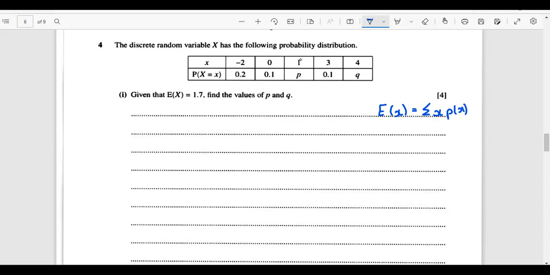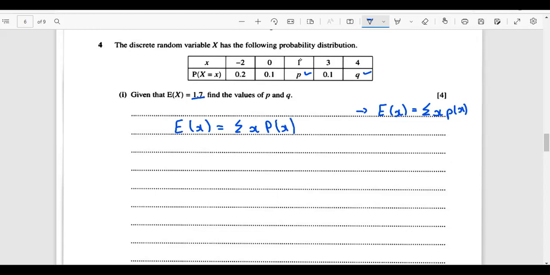Now they have given the expected value and they want you to find p and q. This is p and this is q. Let's use this expected value and this formula. So expected value is summation x into probability of x.